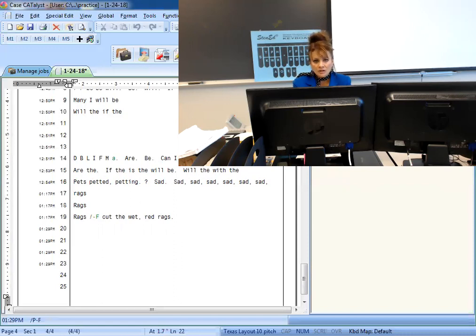Pull the tab. Is the tab pulled? The tab is pulled. Start the car.